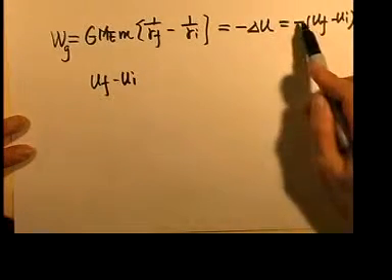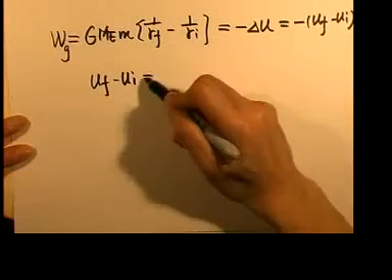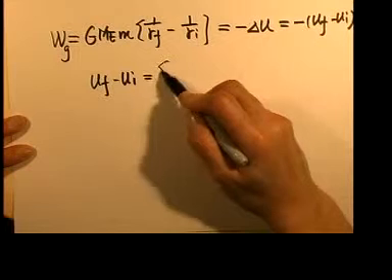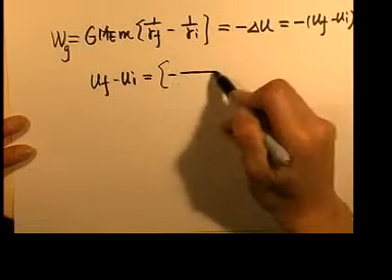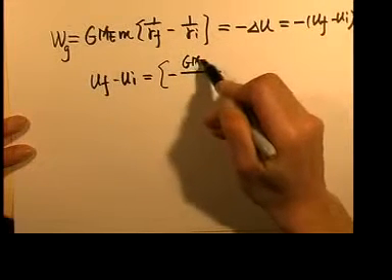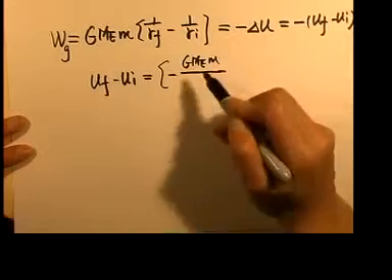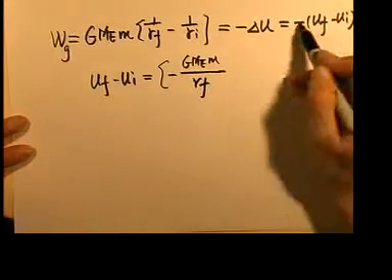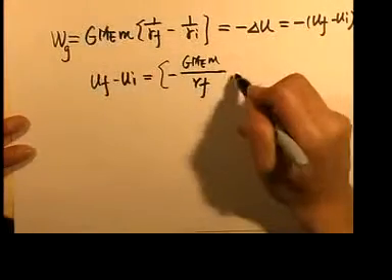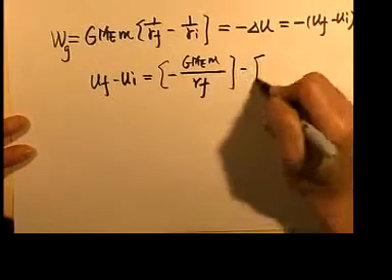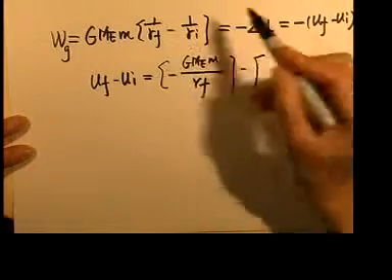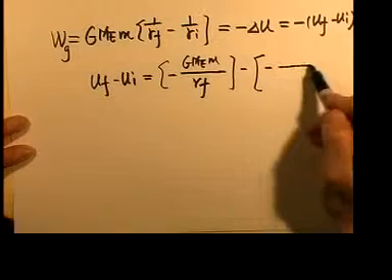If we move this negative sign to the left side, what we have is negative of G M_e m over r final, because this negative sign gets here, minus, and a negative sign getting here is plus, but minus a negative is plus.